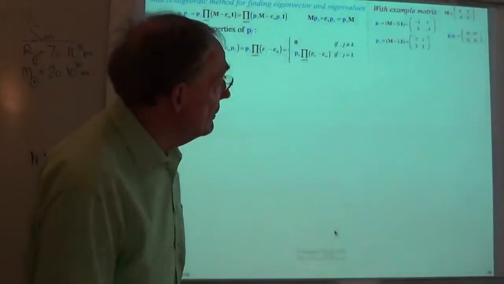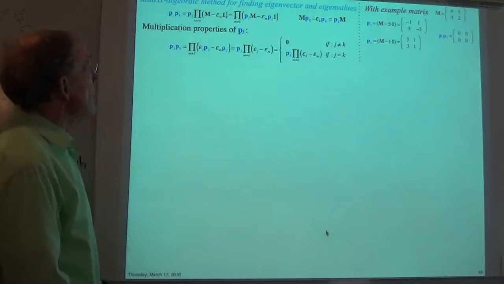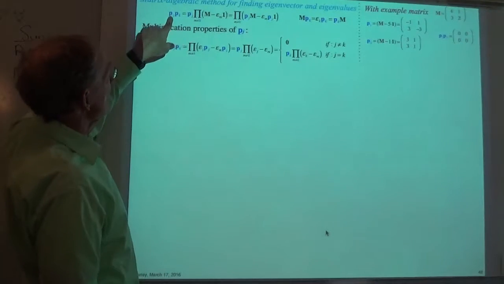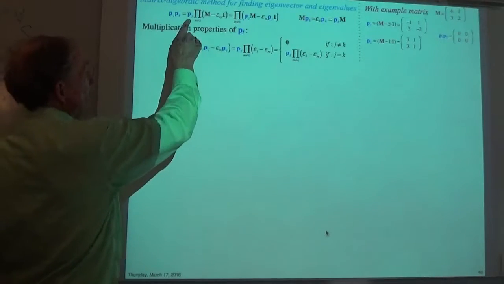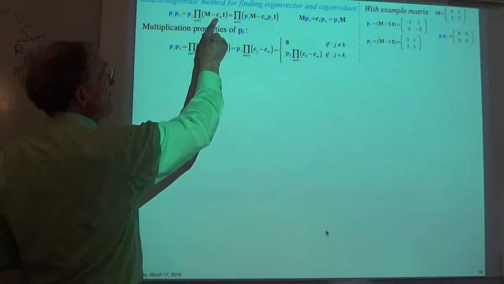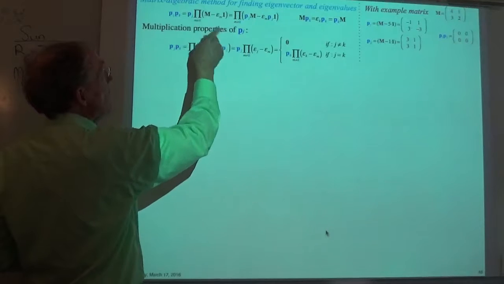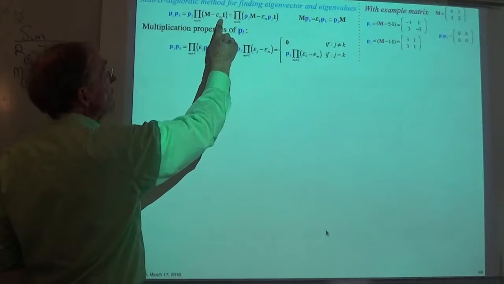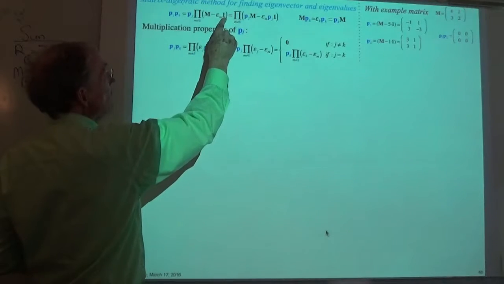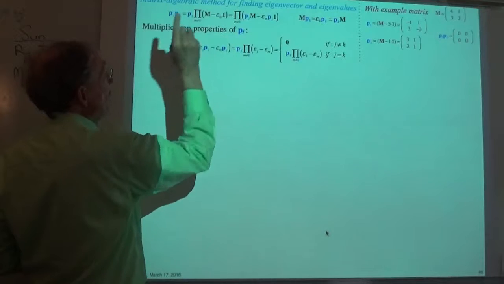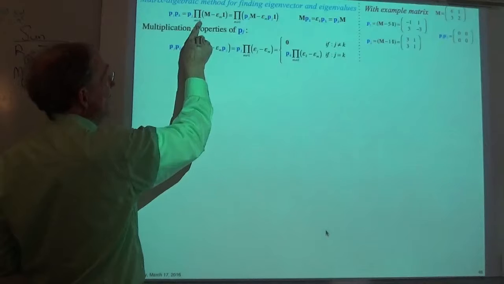So let's see what is involved here to make that happen. What I do is I say, okay, here's my protoprojector J and here's my protoprojector K. The way you should write these things is as a product of M minus all the eigenvalues except for the one that you're interested in. So this is saying make a product of every one of the M minus epsilon 1, 2, 3, 4 times unit terms, but forget about the one you took out, which is the one you're interested in for that particular pk.